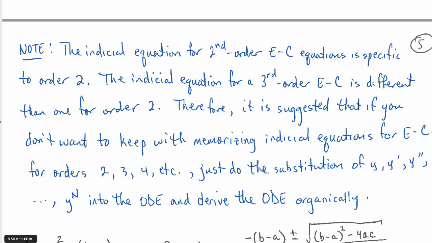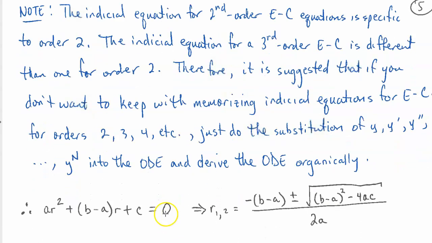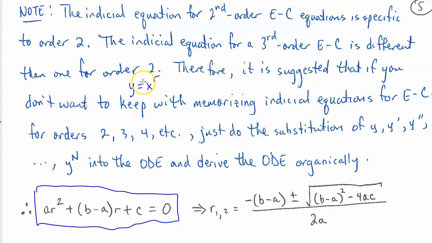So one thing I want to mention before we get into that is, again, with the indicial equations for second order, this only goes for a second order Euler-Cauchy. If we have a third order Euler-Cauchy, then the indicial equation is going to look different. If we have a fourth order, it's going to look different. My point is that I made the comment earlier that y equals x raised to the r is a general solution, and it's very easy to take the first, second, and third derivatives of this type of function.